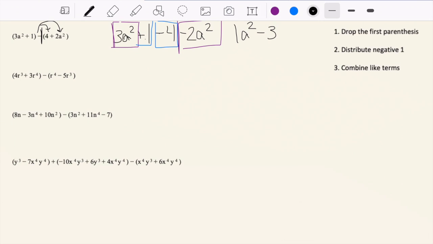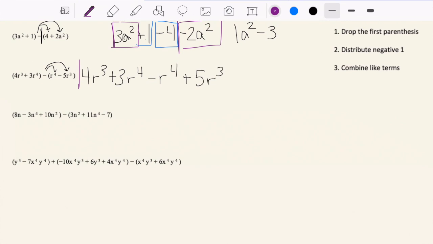So let's look at the next one. So we're going to drop the first set of parentheses. So this becomes 4r cubed plus 3r to the 4th. We're going to distribute the negative. So this becomes -r to the 4th. And then since this is -5r to the 3rd, this becomes +5r to the 3rd.